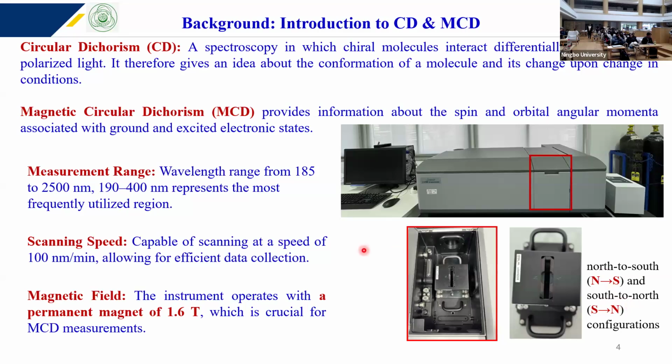The measurement range of this instrument is from 185 to 2500 nanometers, and 190 to 400 nanometers represents the most frequently utilized region. The scanning speed is about 100 nanometers per minute, allowing accurate data collection.